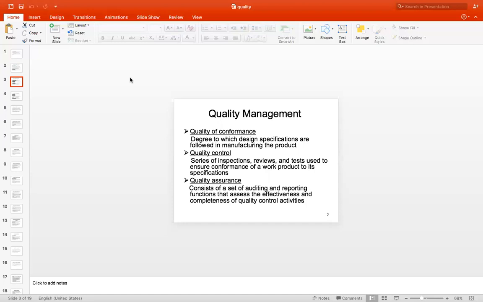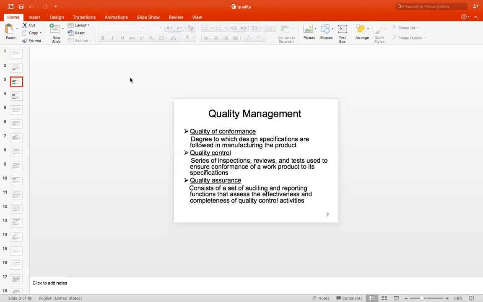Unless you are giving the specifications correctly, obviously the person or the team which is doing the code will also go wrong. Okay, so design specifications also have to be followed correctly. Achieving the design specifications for manufacturing the product correctly is called quality of conformance.